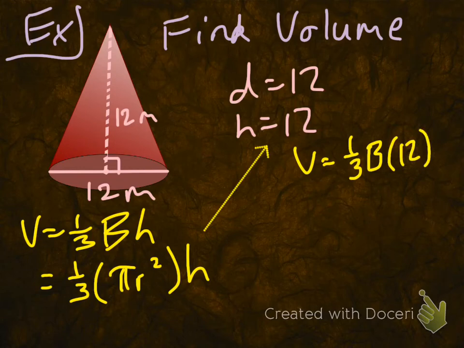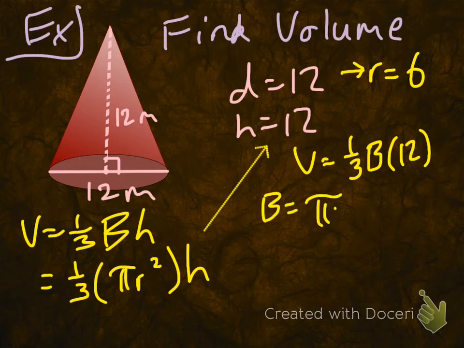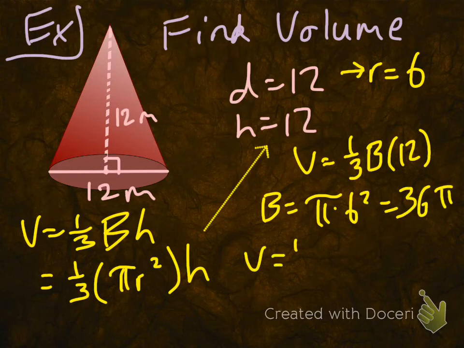The area of the base, we don't use this 12 for the diameter in the area of the base. We need to realize that the radius is 6 if the diameter is 12, because you have to cut it in half first. Then the area of the base is pi times 6 squared, which is 36 pi, right? So we get V equals 1/3 of 36 pi times 12.